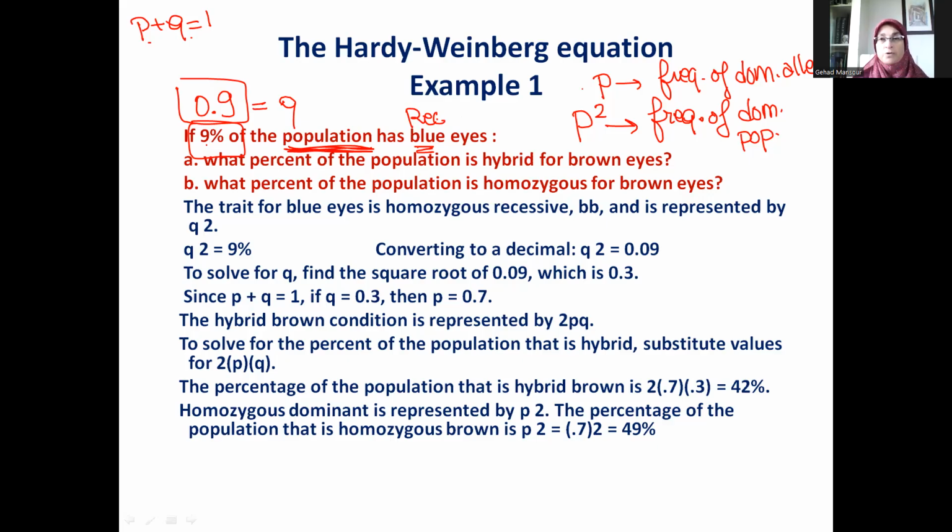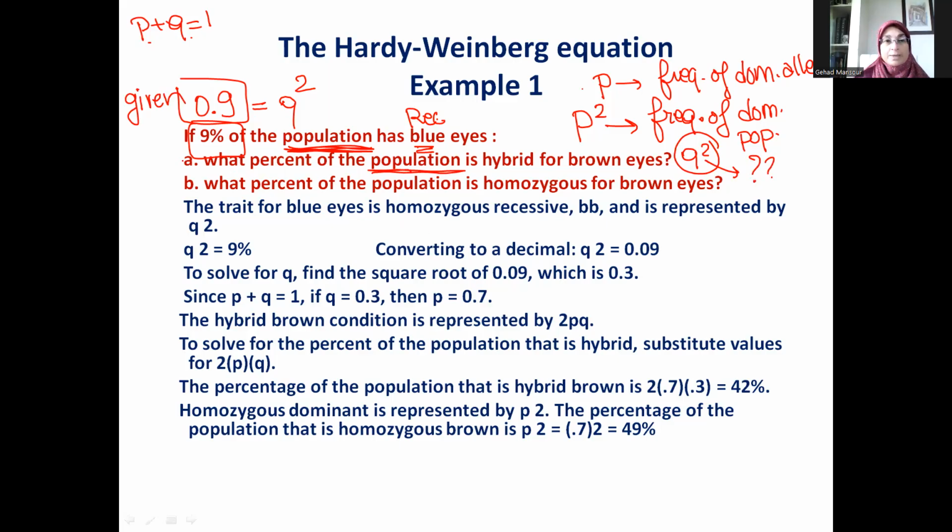Does this percentage represent the frequency of an allele or the frequency of a population? It represents the frequency of a population, and therefore we can call it Q squared. Okay? So now we have translated the first sentence into a small equation. So what percentage of the population, again, is hybrid for brown eyes? Then we are asking about 2PQ, because this is what is given, and this is what is required.